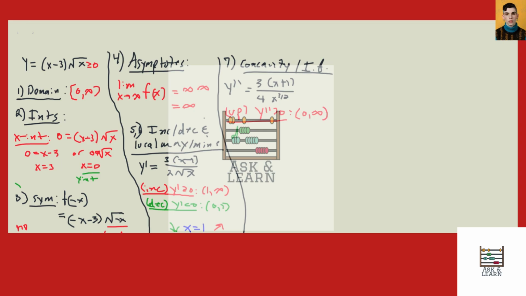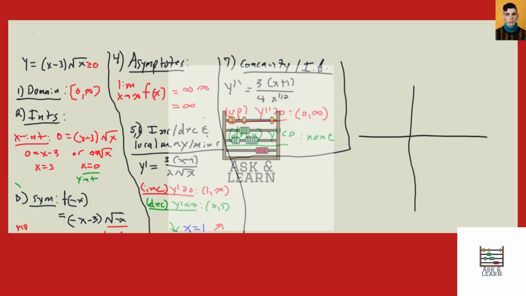So for concave down, that's when y double prime is strictly less than 0, and there are no intervals for this. And like we said earlier, there are going to be no inflection points, since the only thing that would make our second derivative equal to 0 would be x equal to negative 1, which is not in our domain. All right. Now that we've done that, they tell us we can go ahead and start graphing.